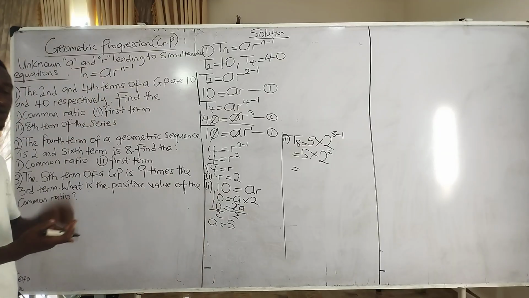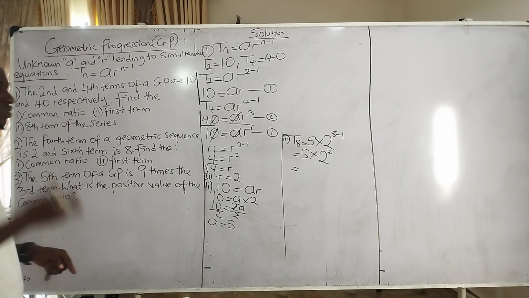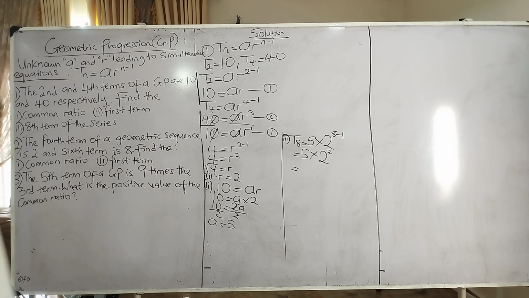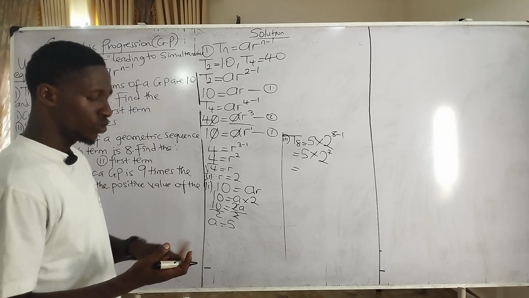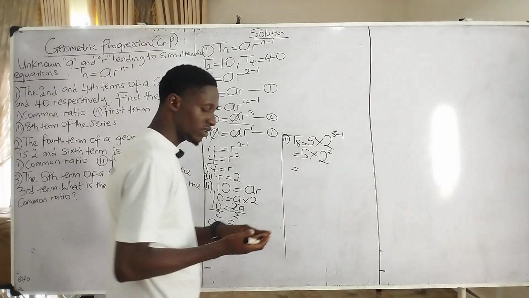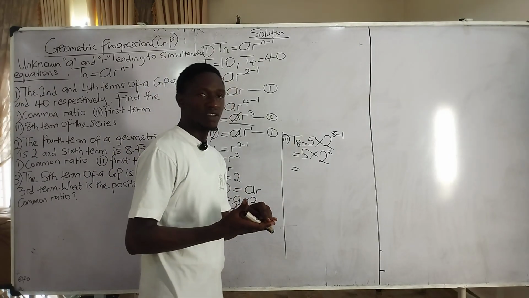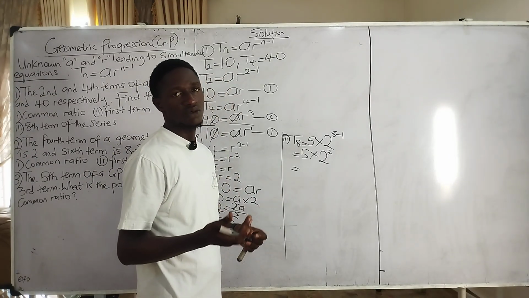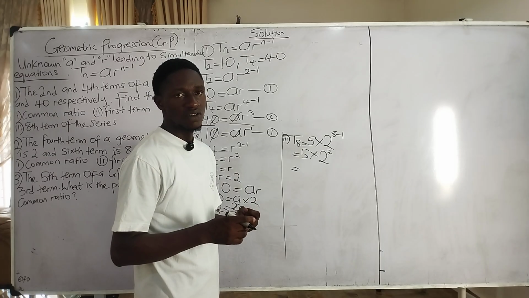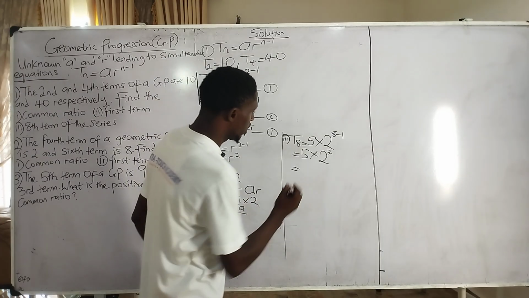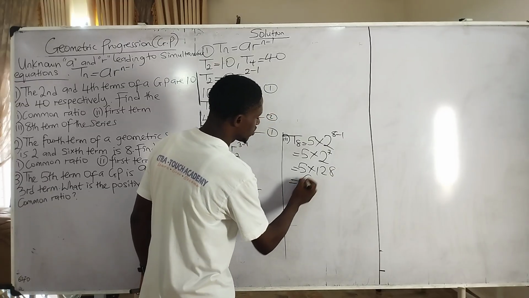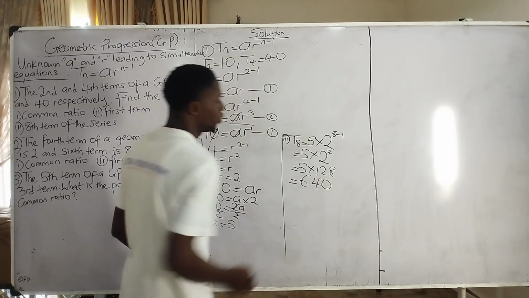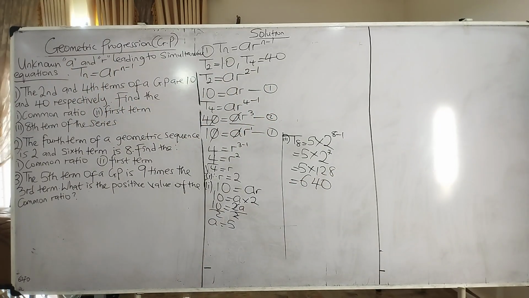This means 2 times 2 times 2 times 2 times 2 into 7 places, which when you multiply, let's try it out. 2 times 2 is 4, 4 times 2, 8, 8 times 2, 16, 16 times 2 is 32, 32 times 2 is 64, 64 times 2 is 128. So I have 5 times 128 should give us 640, which is the final answer.